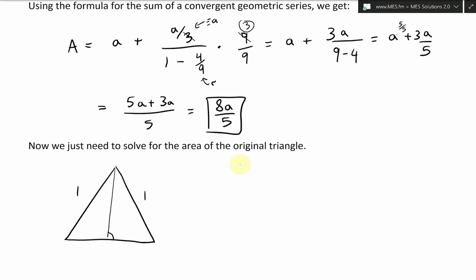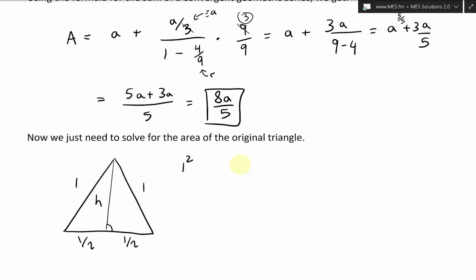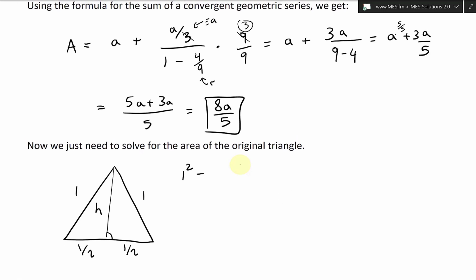This is, let's go 1/2, 1/2. And we already solved h earlier, but we'll just do that again. So h is equal to, well, let's just go over here. So the hypotenuse squared, 1 squared, equals h squared plus 1/2, and then all squared, like that.